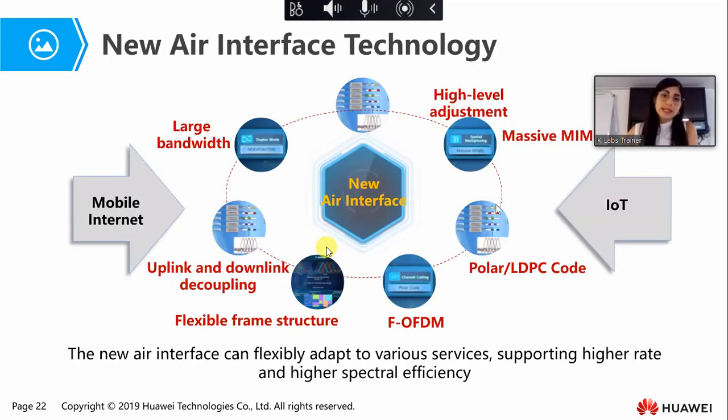So this is an overview of the new air interface technology. We are going to see that we have larger bandwidth with respect to 4G, and we also have massive MIMO, which we already mentioned while talking about the active antenna unit. We are going to better understand what massive MIMO is.